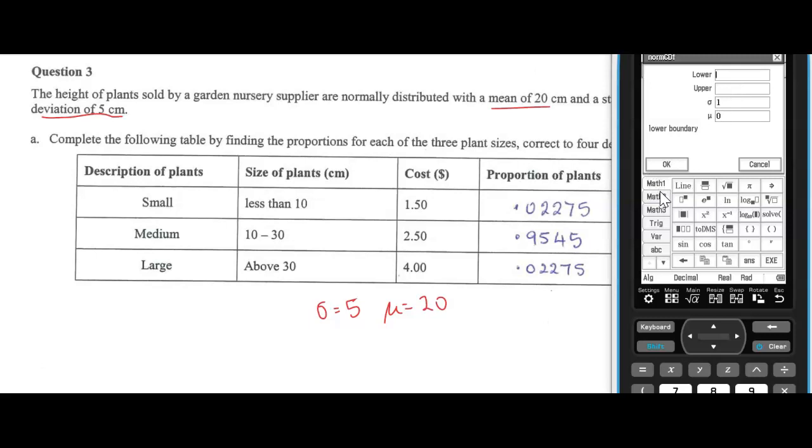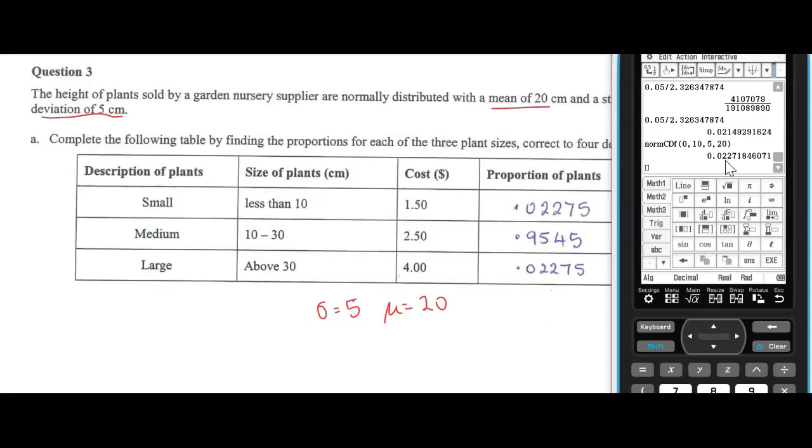But you could also use infinity. I don't think it would be much difference, but let's stick with 0. Your upper bound is 10, so we're less than 10. Now with your normal distribution, less than 10 also includes 10. Your standard deviation is 5, and then your mean is 20.